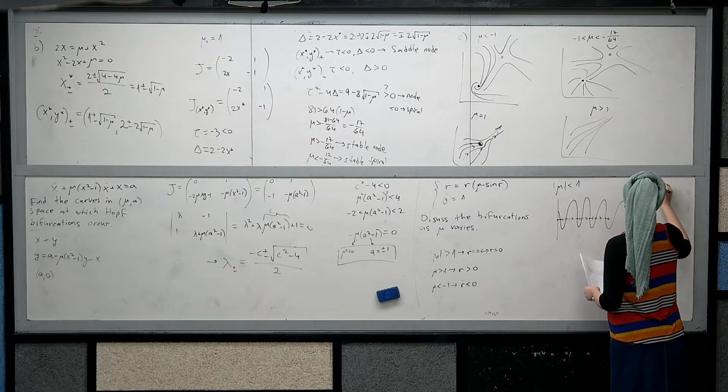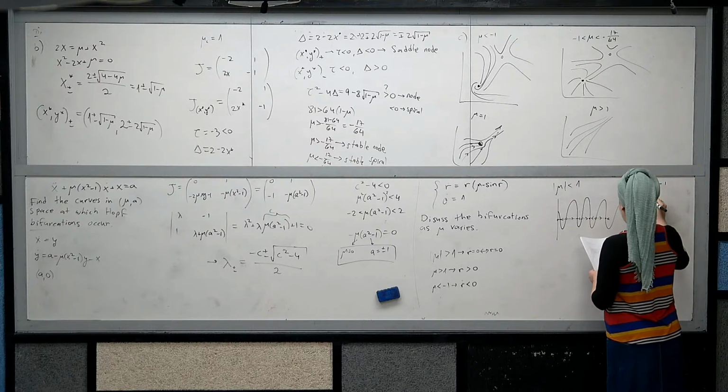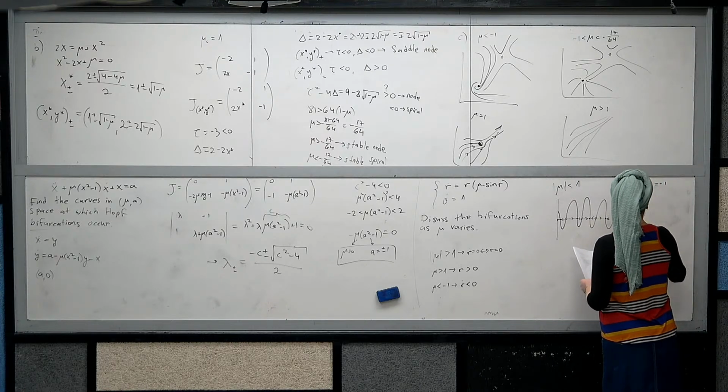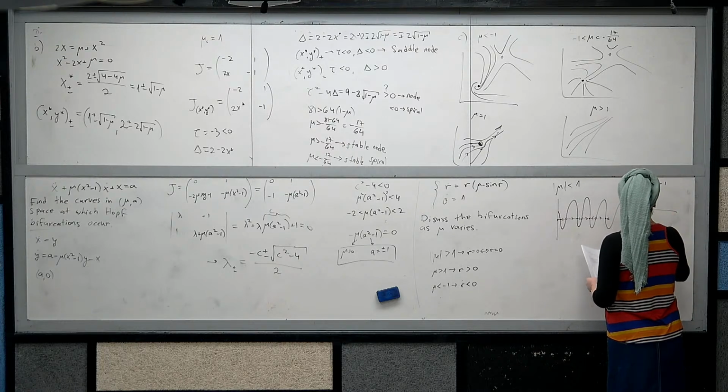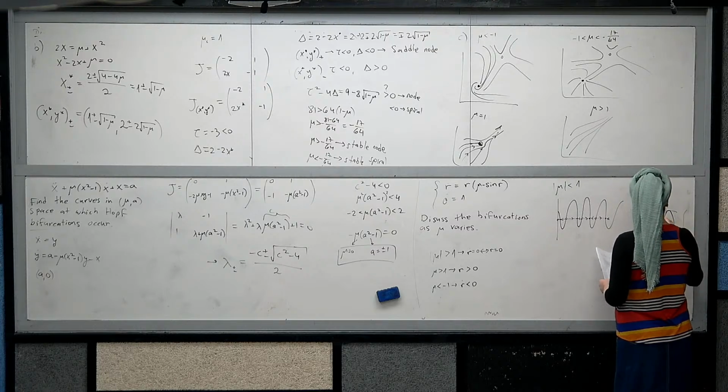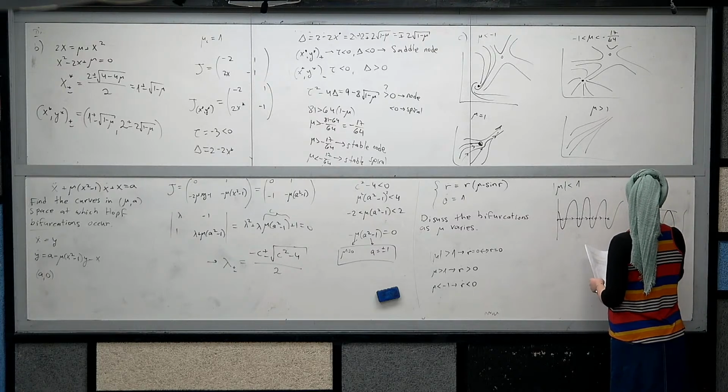From mu equal minus 1 we will have it like this.